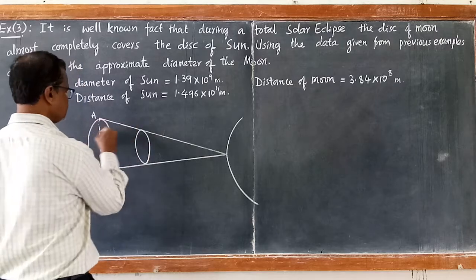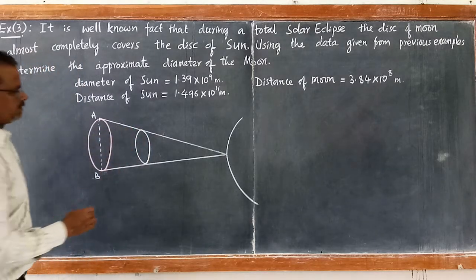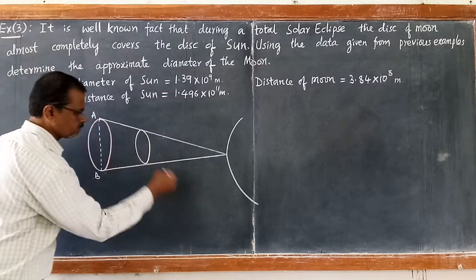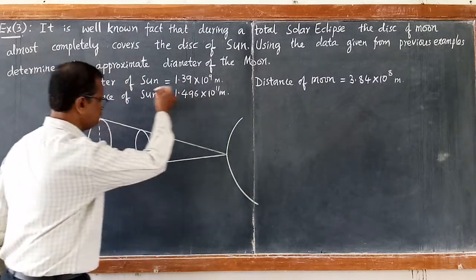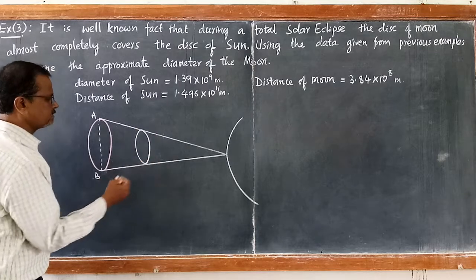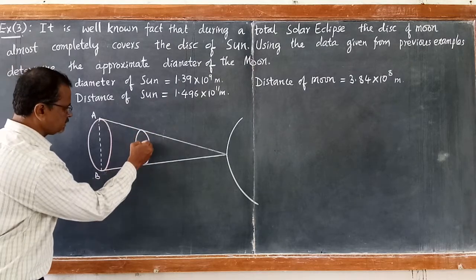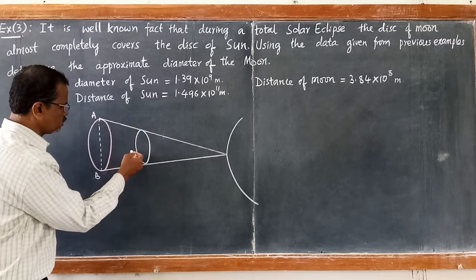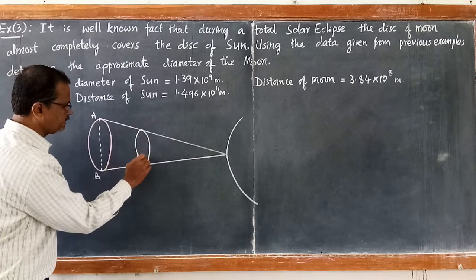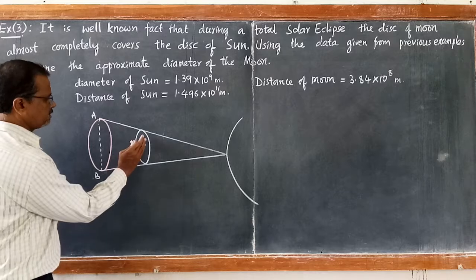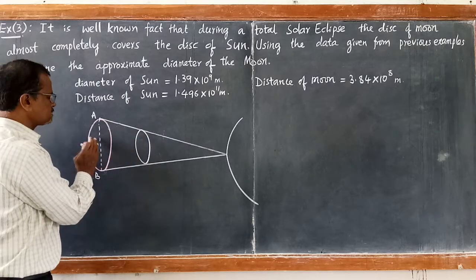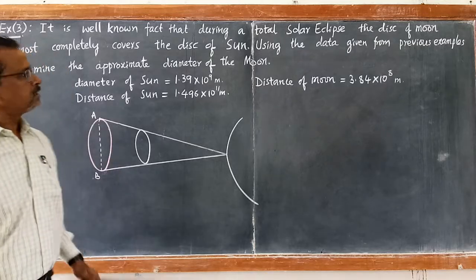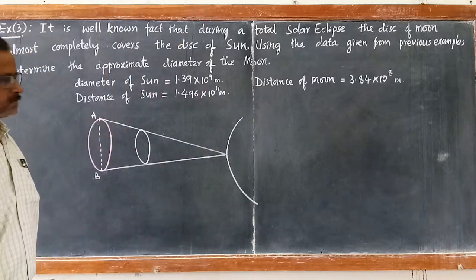If we are observing from here, the moon enters in this path, suppose this is the orbit of the moon. When the moon just enters here, then partial eclipse starts taking place slowly. When the moon exactly is in this position, the disk of moon entirely covers the disk of sun. This is what we call total solar eclipse.